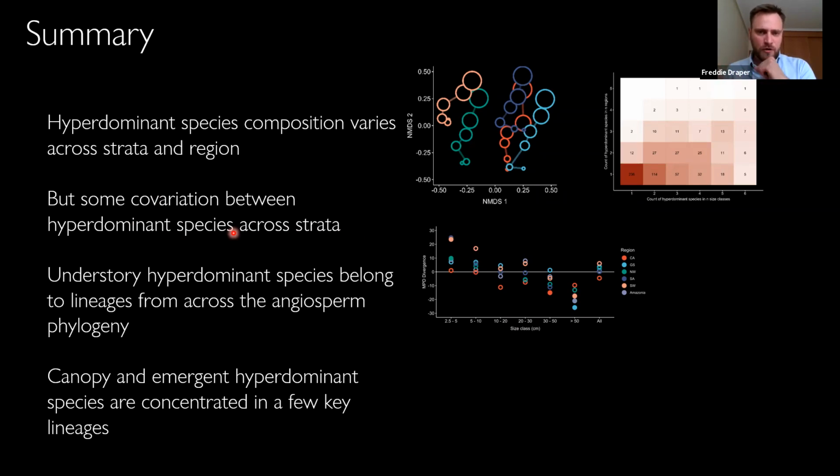There's an important covariation. There are also very different phylogenetic patterns in these hyperdominant species across strata. Understory species belong to lineages from across the angiosperm phylogeny, whilst canopy and emergent hyperdominant species are concentrated in just a few key lineages.